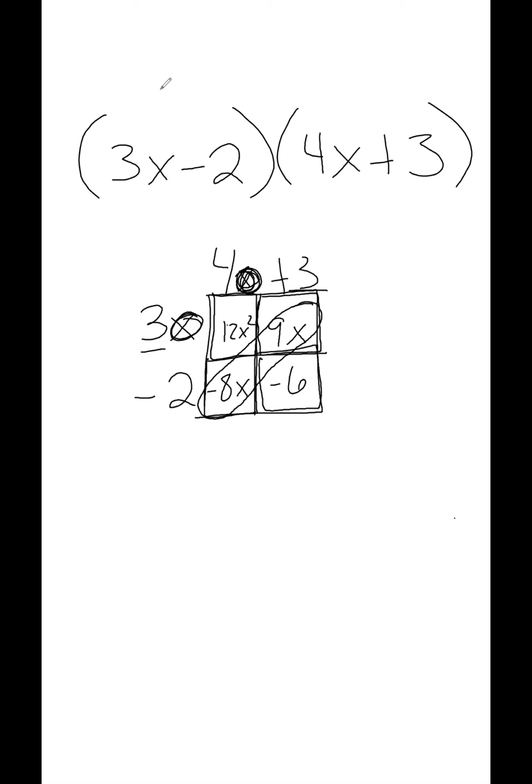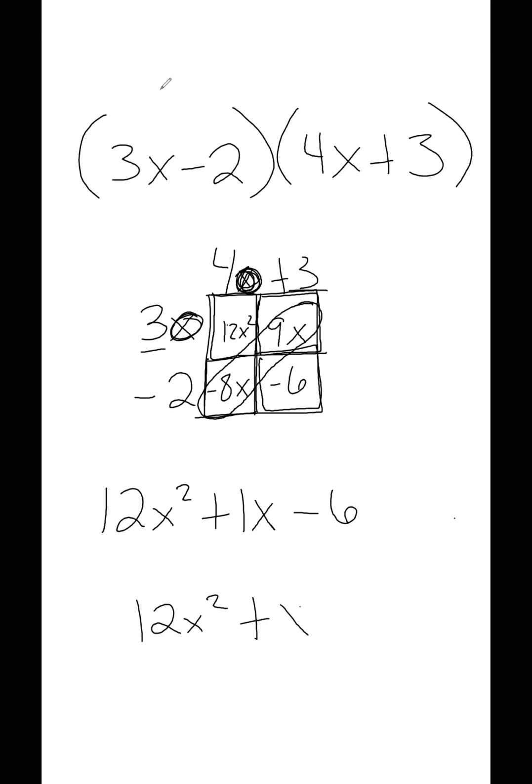So I'm going to finish my problem. 12x squared. 9 minus 8 is 1, and it's positive 1, x, and then minus 6. So you can either write it like this, but if you do answer choices, like if you have multiple choice, it's going to be written like this.